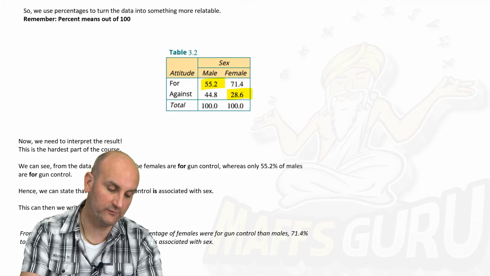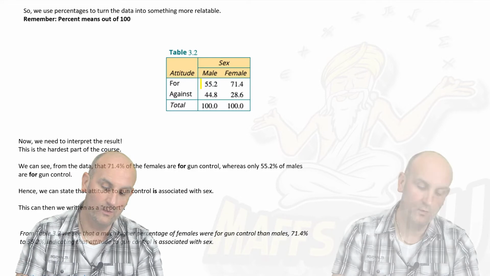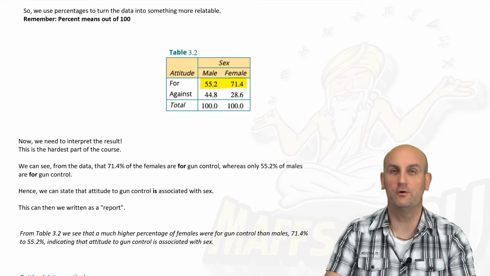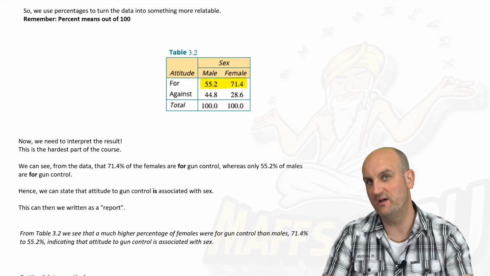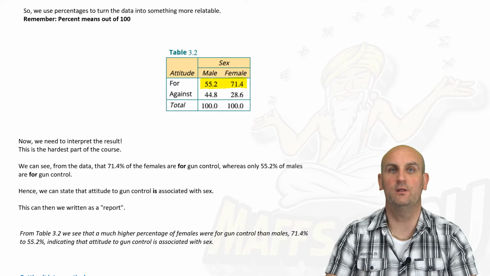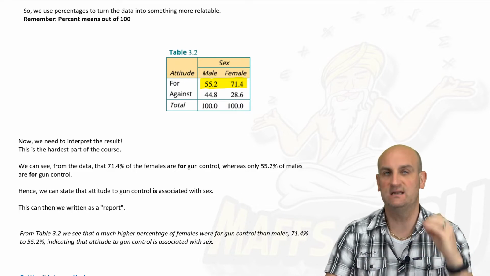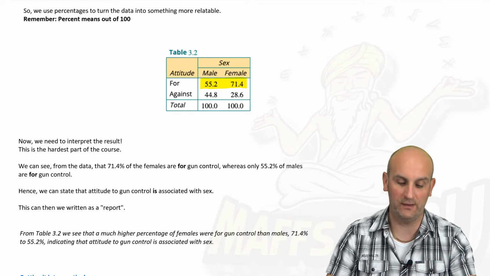And what do you notice? Well, rubbing these two values out now, and let's just have a look. The number of females who are for gun control is 71.4%. The number of males, 55.2%. Now, basically, the last part to be able to answer this effectively is: is there a significant difference between those two values, or any two values you're looking at?